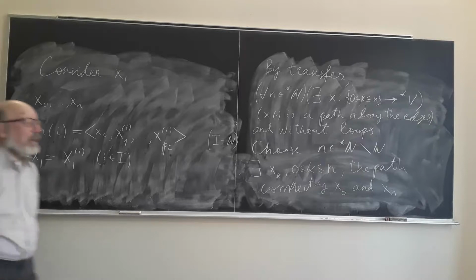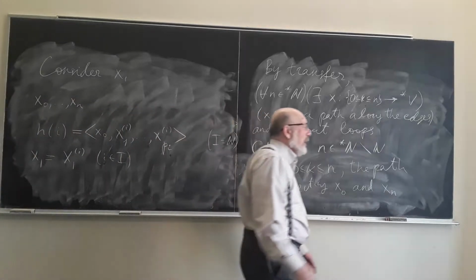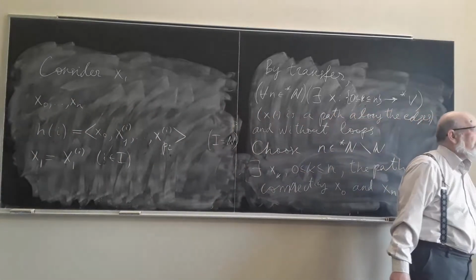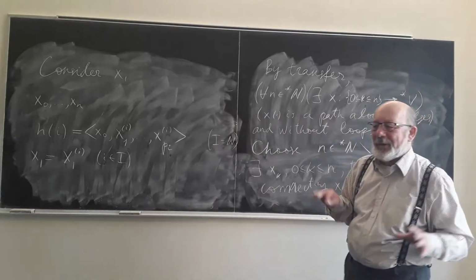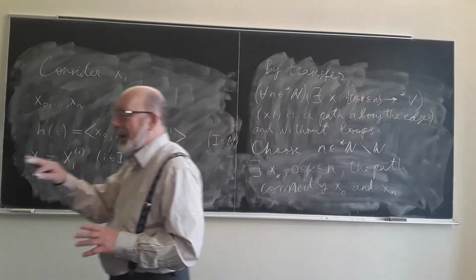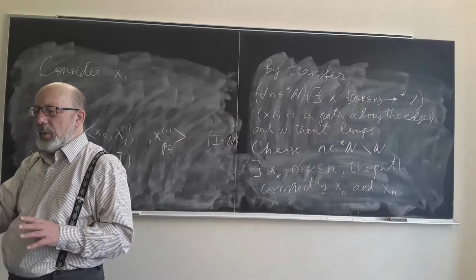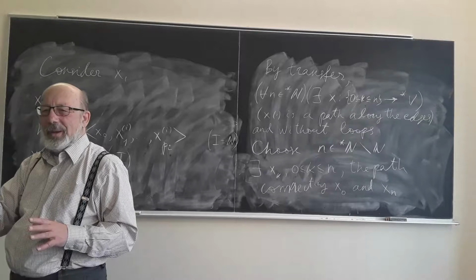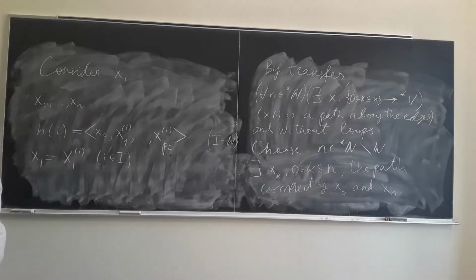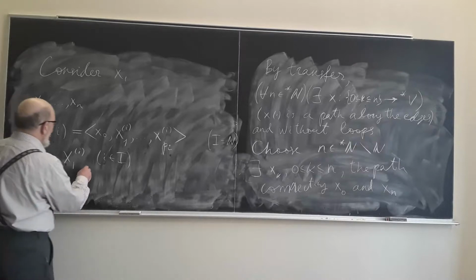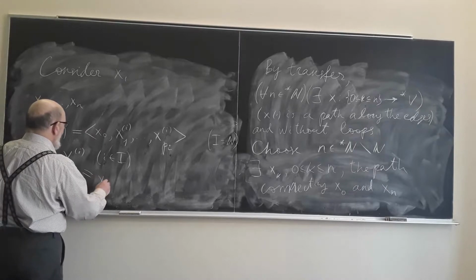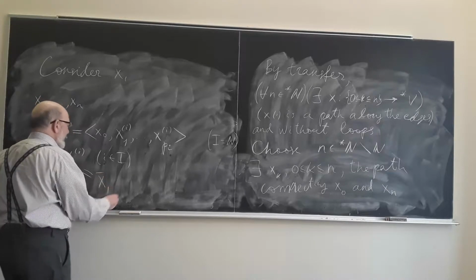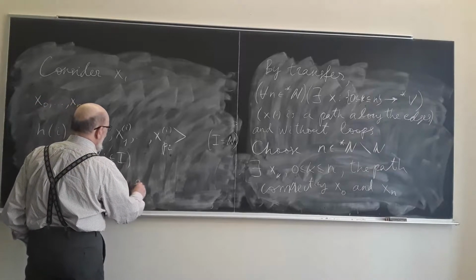Yeah? And if the index set is partitioned into a finite number of subsets, then just one of them has measure 1 and the others have measure 0. Yeah? So this means that x1 equals x1 bar for some x1 bar almost everywhere.